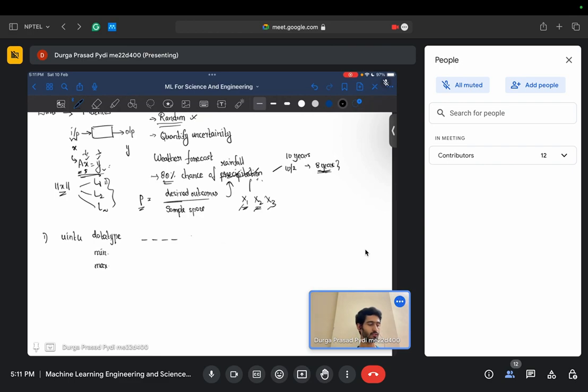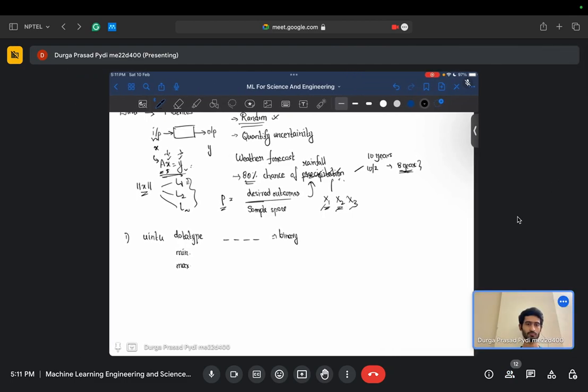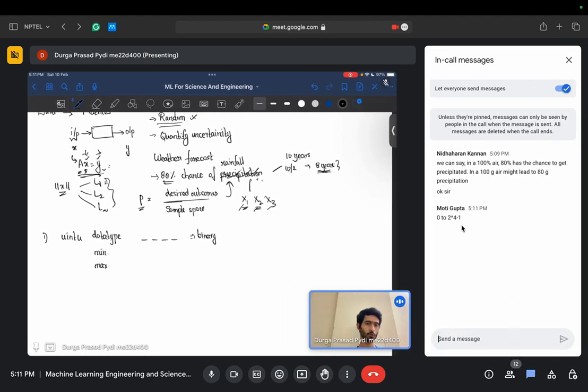This is binary, like you will be storing finally in some binary format. So what is the minimum value if it is an unsigned integer? 0 to 2 power 4 minus 1.